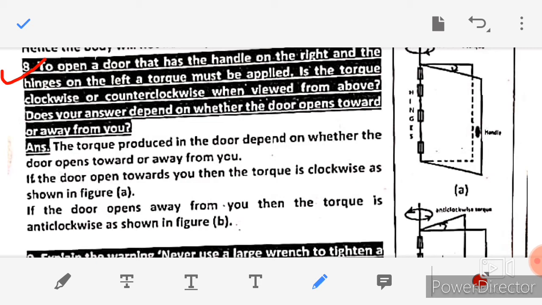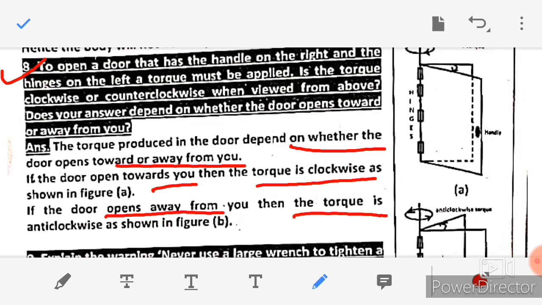So the answer: the torque produced in a door depends on whether the door opens towards or away from you. If the door opens towards you, the torque is clockwise as shown in figure A, and if the door opens away from you, then the torque is anti-clockwise or counter-clockwise as shown in figure B.